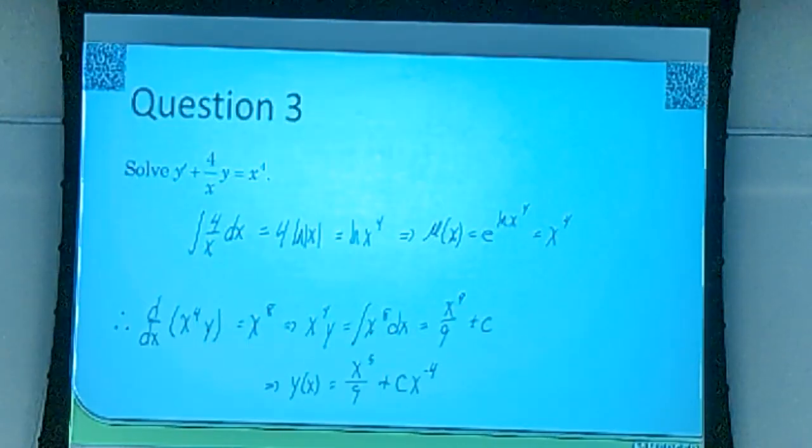You can either write it as c x to the minus fourth or c over x to the fourth, doesn't matter. And if you really wanted to, you could also write that cx to the minus fourth out in front. Again, it doesn't matter.